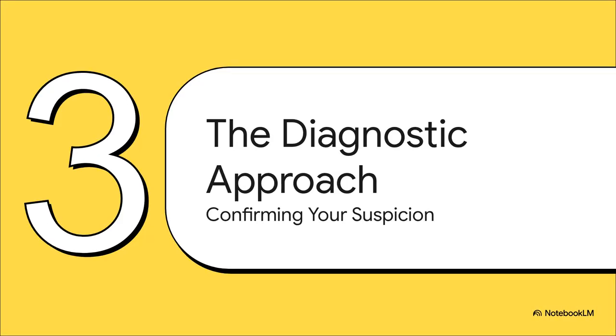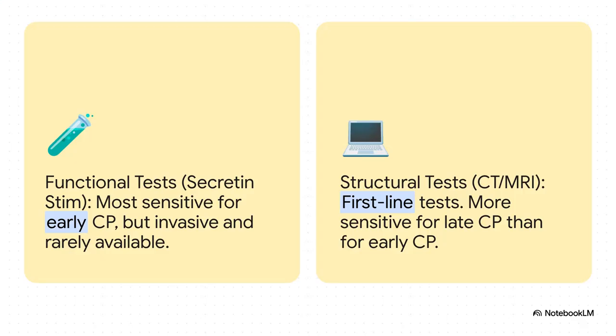Okay, so you've used TGAR-O, you've got a pretty good idea of what might be going on, a working differential. What's next? Well, now you've got to prove it. How do we get objective evidence that yes, this fibrosis and functional decline is actually happening? And this brings us to a classic clinical crossroads. You've got two main paths. On one hand, you have the functional tests, like a secretin stimulation test.